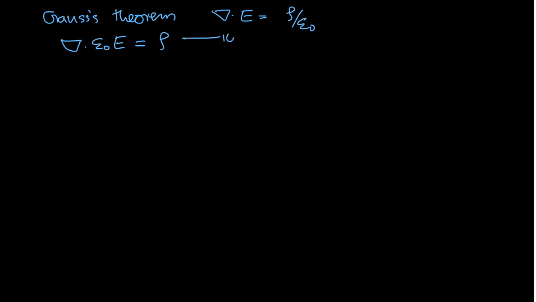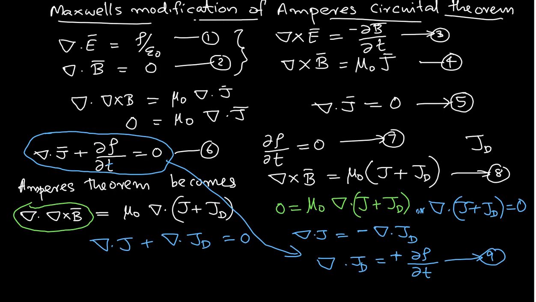This is equation number 10. We just moved the epsilon 0 term to the LHS. Substituting equation number 10 in equation number 9, where del dot JD is equal to plus dou rho by dou t.